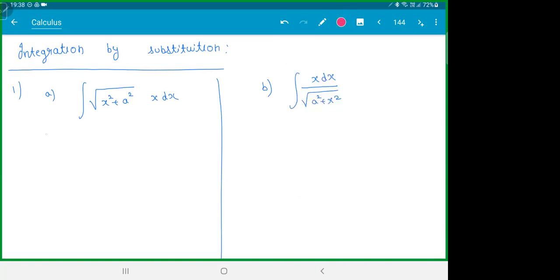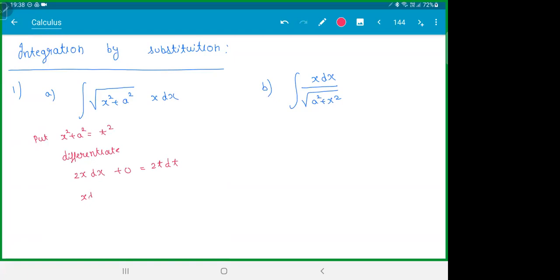Integration by substitution. So whenever you get this form, you can put here x square plus a square is equal to t square. If you differentiate on both sides, you get 2x dx. a is anyway 0, constant. This will be 2t dt. I think I'll show you one first.